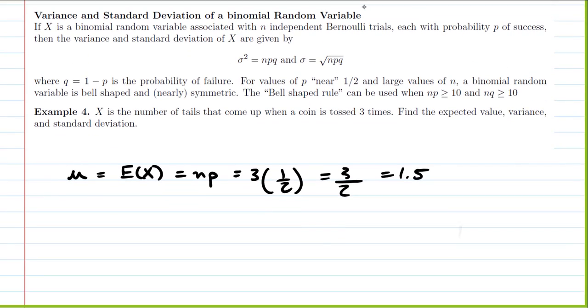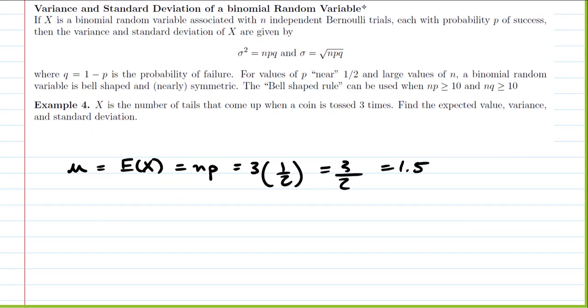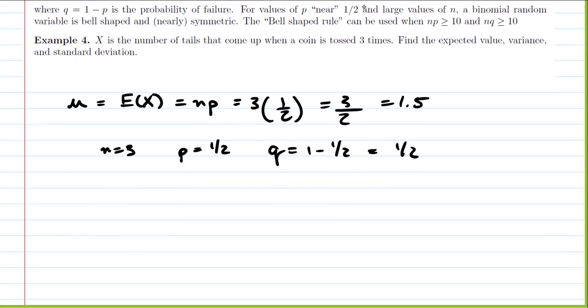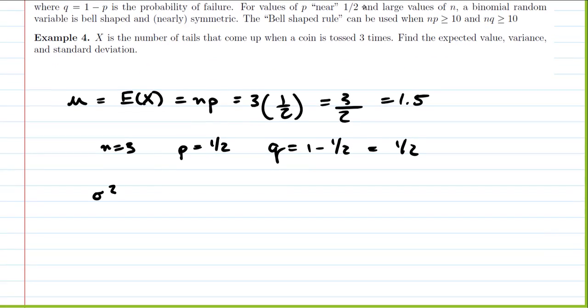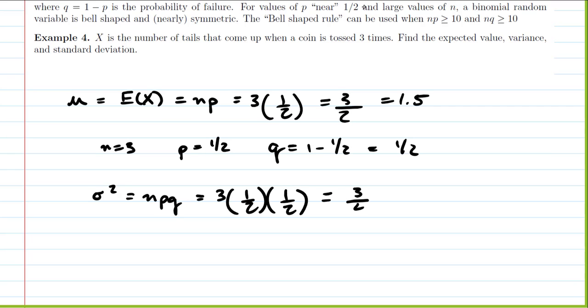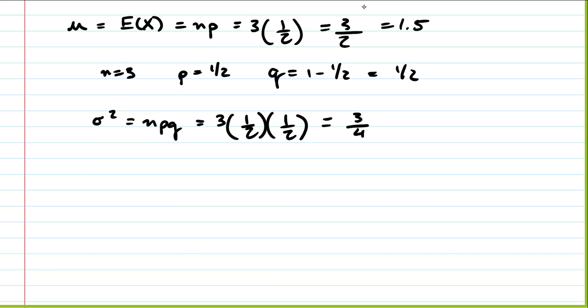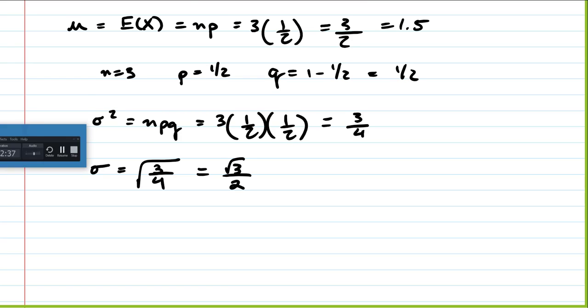So the variance is going to be, well, n is still 3, p is 1/2, and q is going to be 1 minus 1/2, so it's also 1/2. So sigma squared is equal to npq, so 3 times 1/2 times 1/2 gives us 3/4. So then sigma is going to be the square root of 3/4, which is square root of 3 over 2.